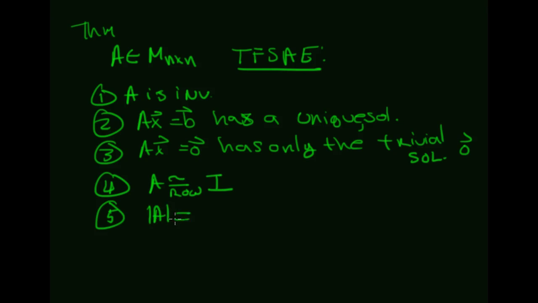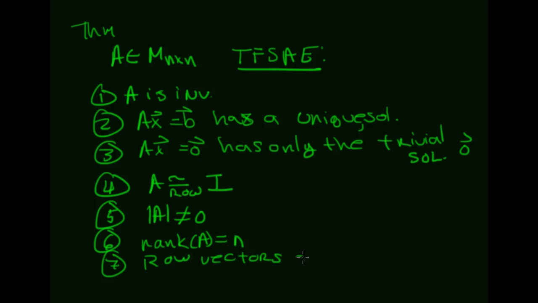5, the determinant of A cannot be 0. 6, the rank of A has to be n, so it has to be full rank. Number 7, the row vectors of A are linearly independent.